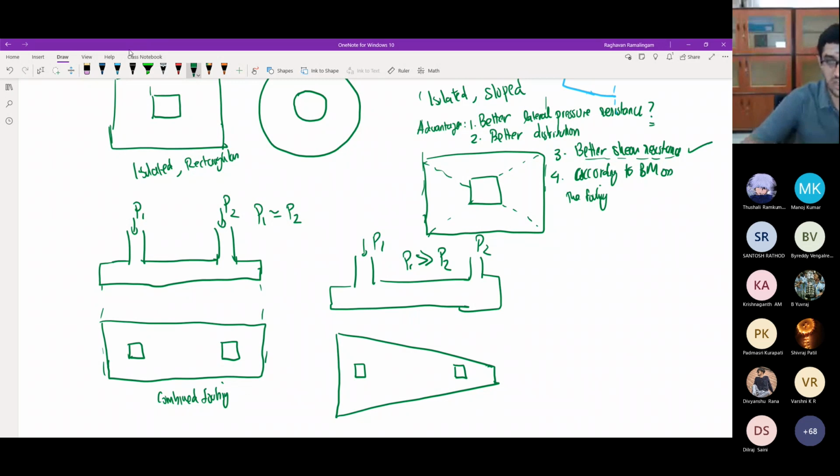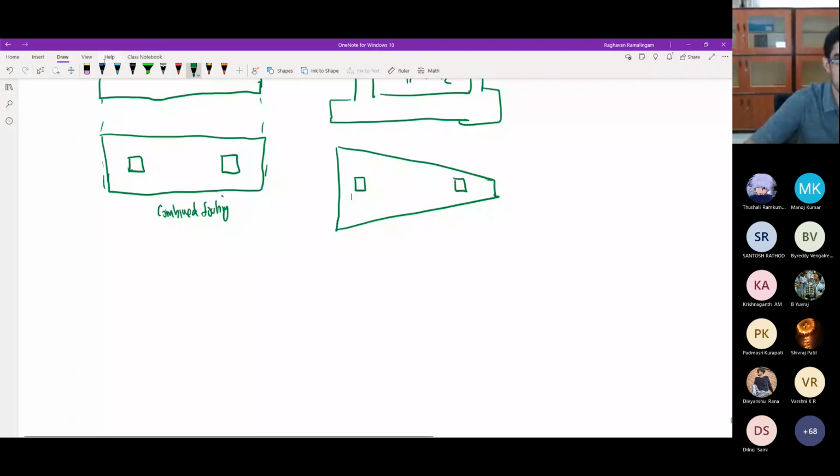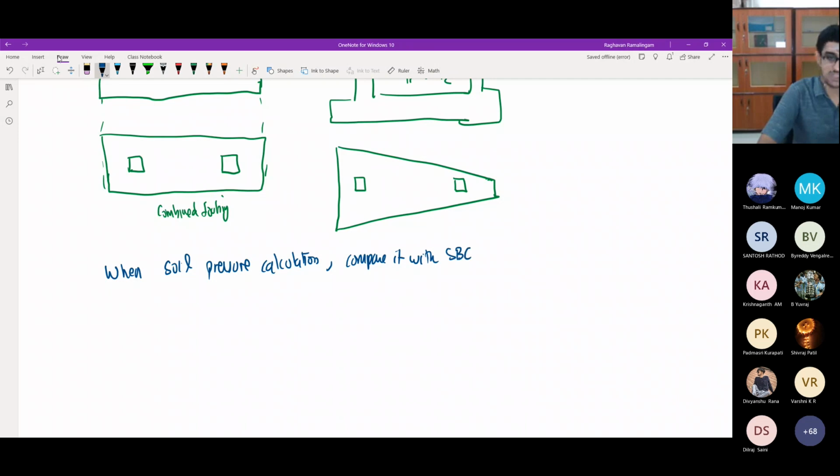And the other thing that we have to note a few points about with these footings is, when you do your soil pressure calculation, when you calculate your soil pressure, you will compare it with the SPC.